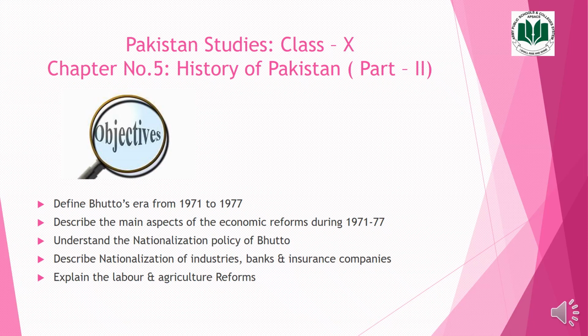Describe the main aspects of the economic reforms during 1971 and 77. Understand the nationalization policy of Bhutto. Describe nationalization of industries, banks, and insurance companies. And then explain the labor and agricultural reforms.